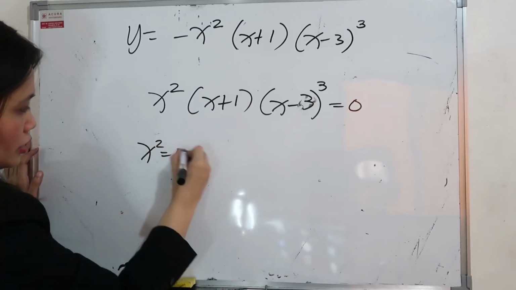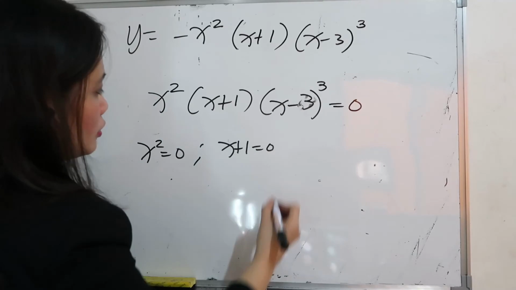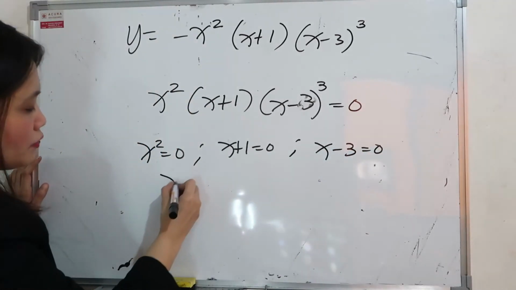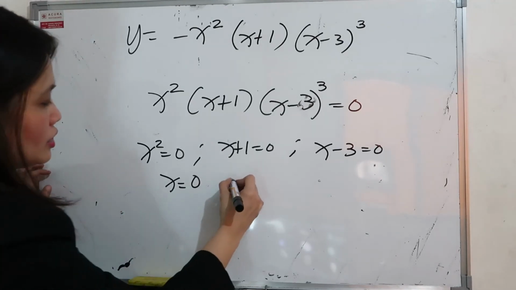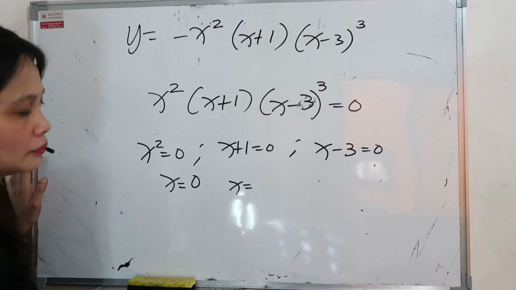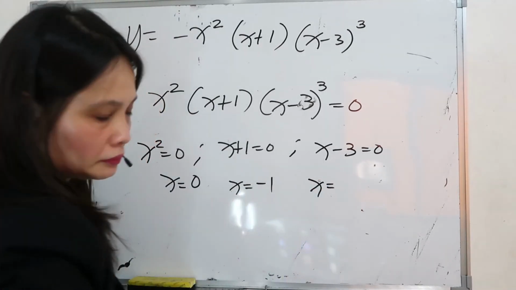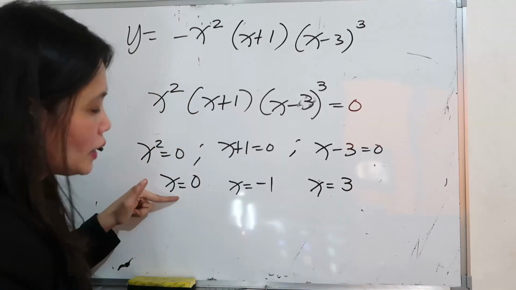Equate each factor to 0. So x squared equals 0, x plus 1 equals 0, and x minus 3 equals 0. What's the first value? Okay, 0. Next, the second value? Okay, negative 1. Next, the third value. Okay, positive 3.